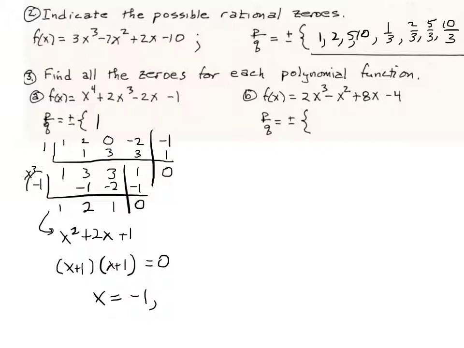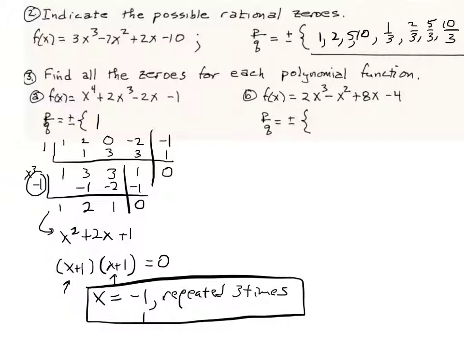We already have it here, and then we have it here and here. So repeated 3 times. And then your other 0 is 1. So that is all the zeros of your function.